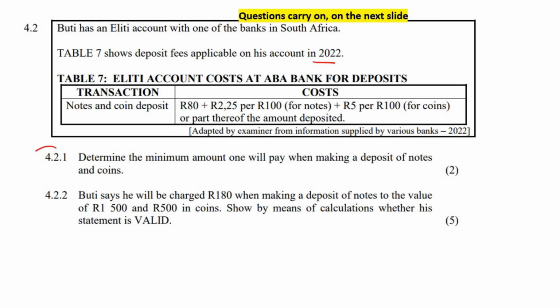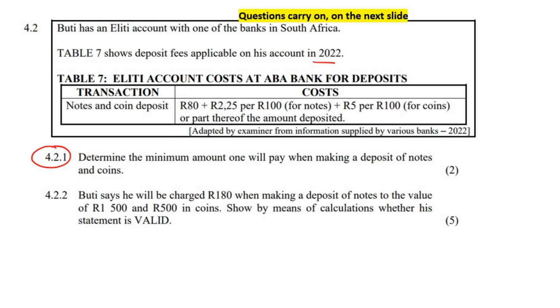So the first question says, determine the minimum amount that one will pay when making a deposit of notes and coins. Okay, so even if you go to the bank and you don't deposit, the way it works is the following. You're going to pay 80 Rand. They're just going to charge you 80 Rand no matter what.